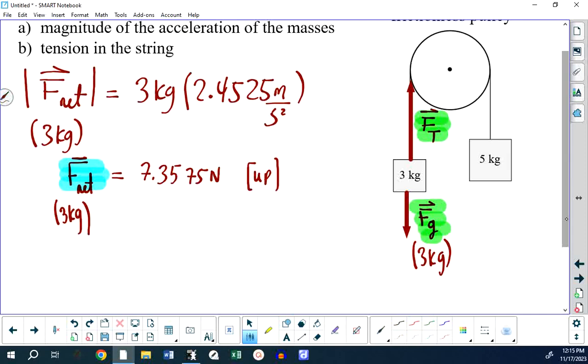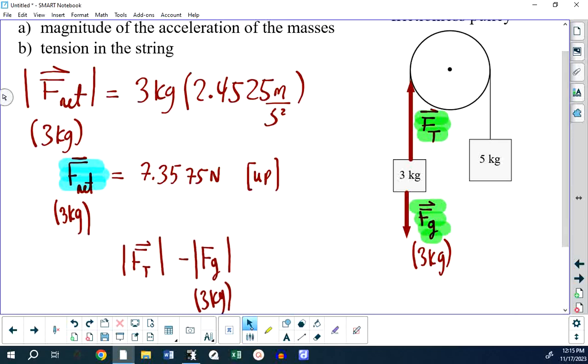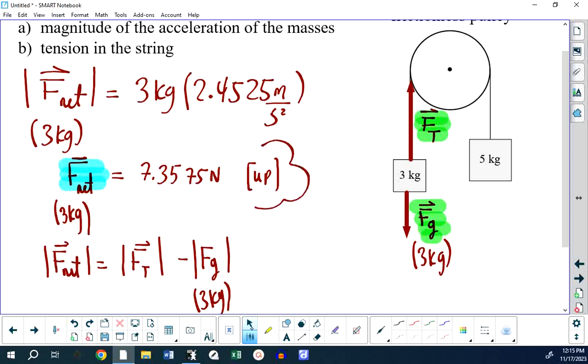You would take the force of tension, its magnitude, and subtract the magnitude of the force of gravity. And that would give you the net force. The magnitude of the net force. This gets a little bit tricky. The only reason why we are focusing on this direction here is so that it leads us to this free body diagram telling us that there must be more force up.